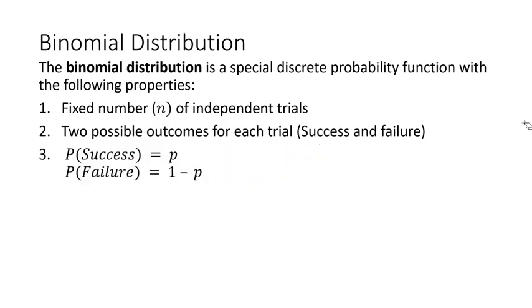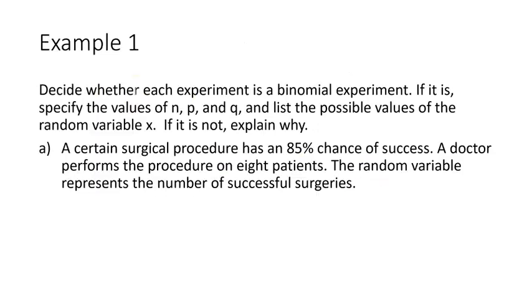Some books or some question banks say that 1 minus P can use a placeholder of Q. So anytime you see Q, they're labeling that as the probability of a failure. So just be aware that Q or 1 minus P, those are interchangeable. Either way, they're looking for the complement of my success.